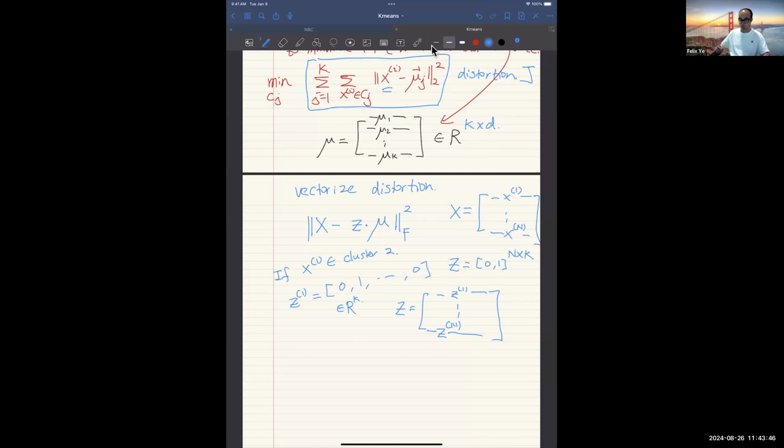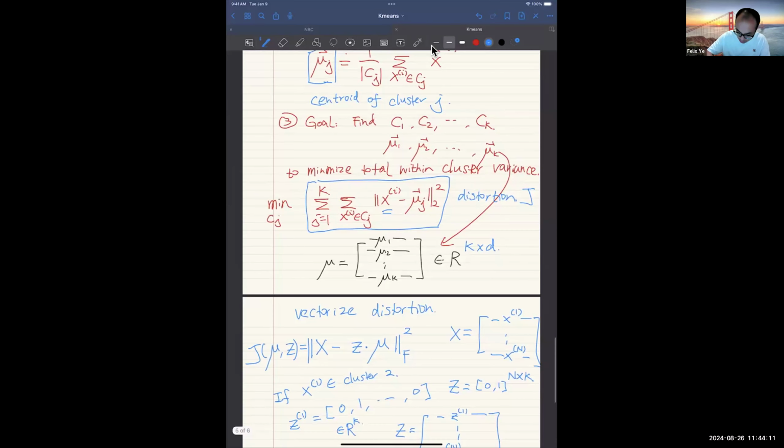Basically this is a one-hot encoding for cluster 2. This is the way we vectorize everything. We need to minimize over mu, and also over Z here. This is the distortion, basically the same thing, just a vectorized version.